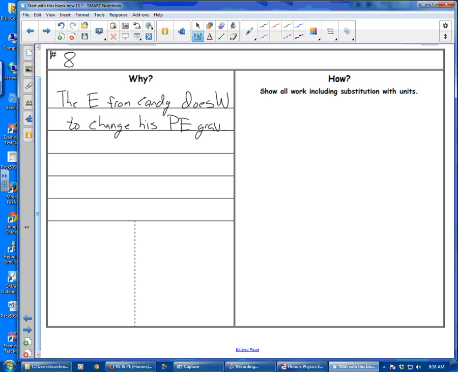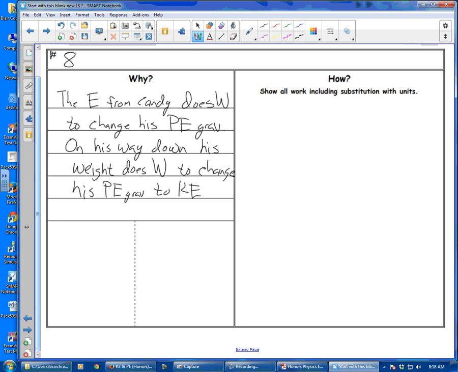And then I'd probably gap a little bit and say, on his way down, his weight does work to change his PE grav to kinetic energy.